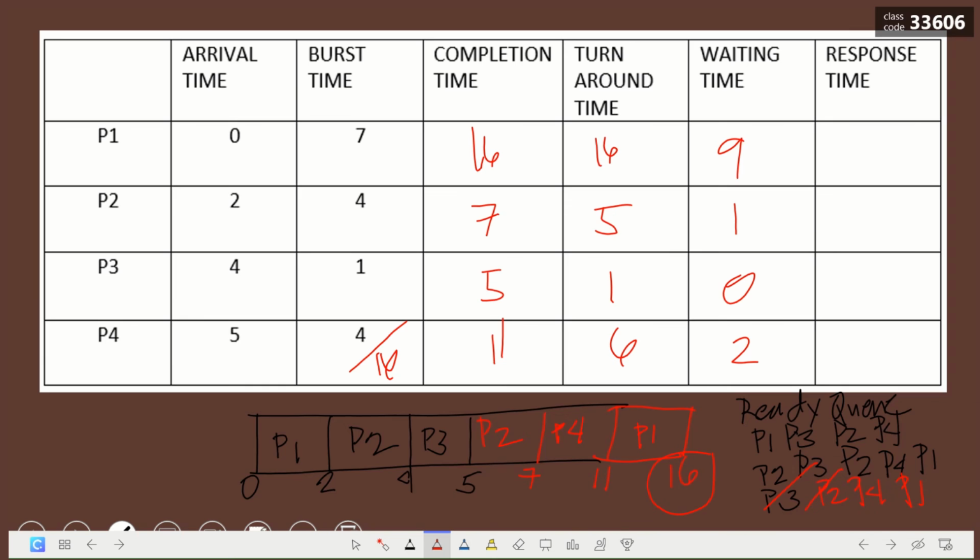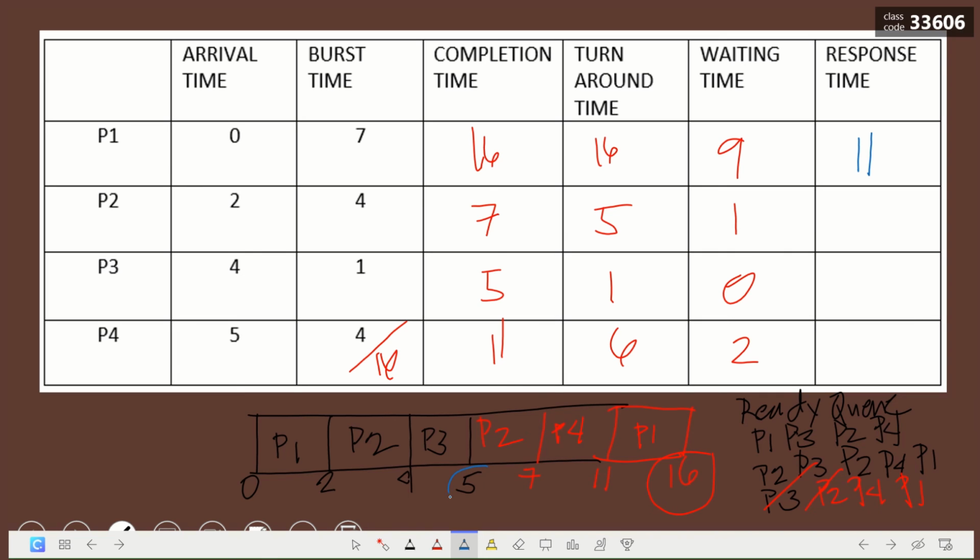Now, to get the response time, look at our Gantt chart. What is on the left side of each CPU? So, let's say P1. P1 has its 0 start, so the first execution is at 0, minus the arrival time 0, which is 0. Next is P2.